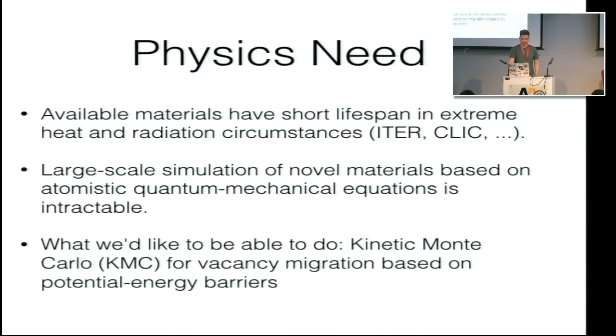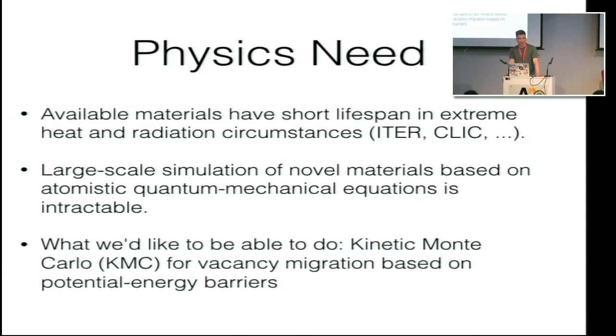The problems that we're looking at are simulation of material properties in extreme heat and radiation circumstances, like potentially even fusion reactors and particle accelerators. And what we'd like to do is large-scale simulation of hopefully thousands of atoms for extended periods of time, like not only a couple microseconds maybe, to see that they actually endure in the circumstances where we're anticipating their use.